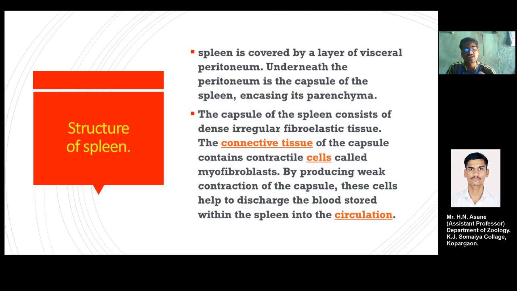The spleen has a cavity, and after contraction by these myofibroblasts and connective tissues, which have the property of contractile cells, the blood stored in the spleen, arteries and venules is thrown out into the blood circulation again.